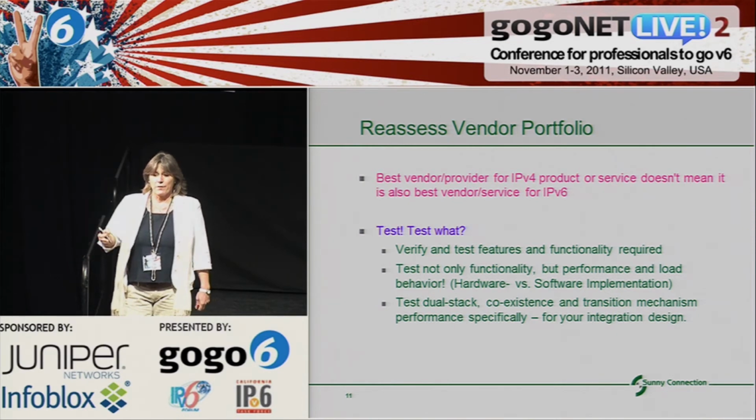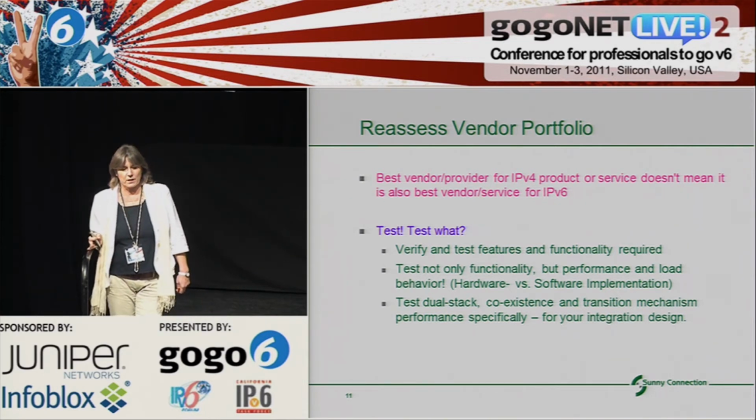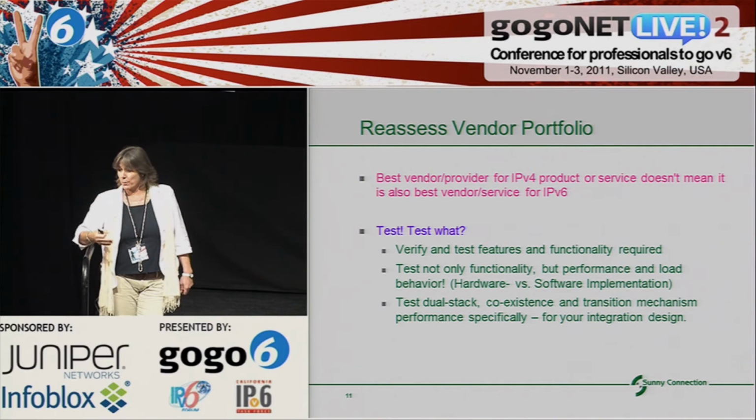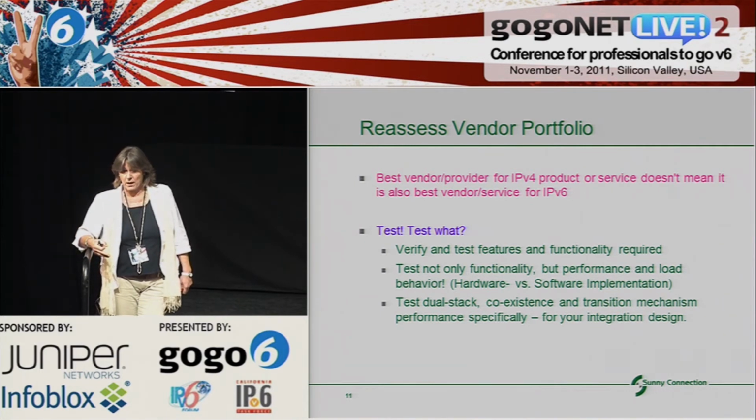So if you evaluate for IPv6, you have to specifically look at how this type of device or application or whatever it is supports IPv6. You want to see performance reports, and you want to test them, and you want to test them in combination. So if you plan for a dual stack network, you need to be testing those devices.